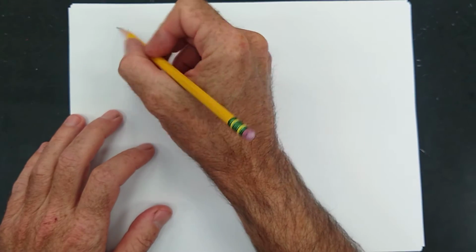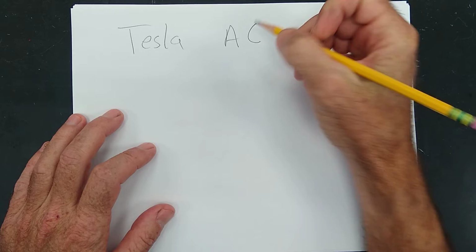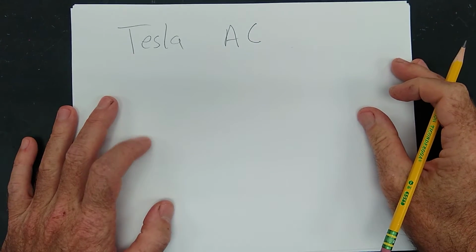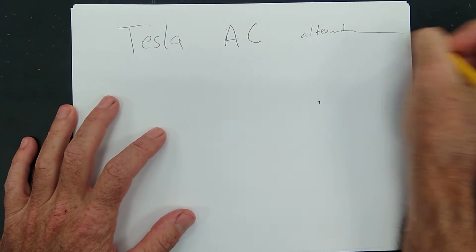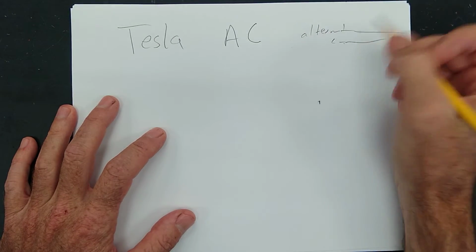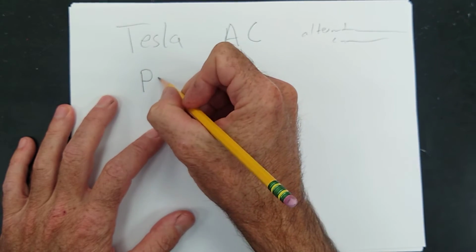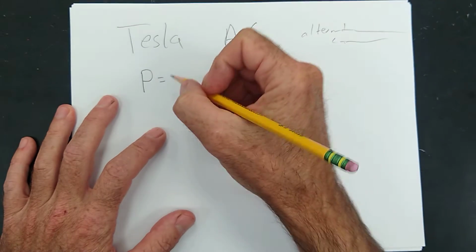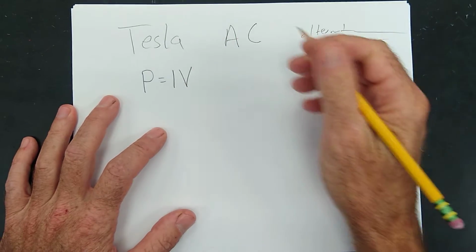So a guy who was very, very smart named Tesla said, we're going to use AC power, okay? An alternating current. And this is what it's going to be based on. We know the power plant can do so much work, that's power, and we know power is equal to current times voltage.